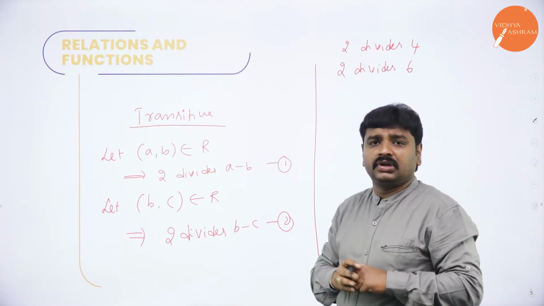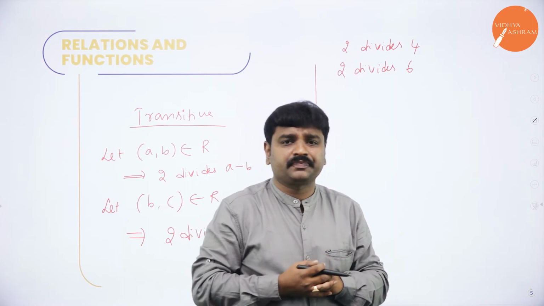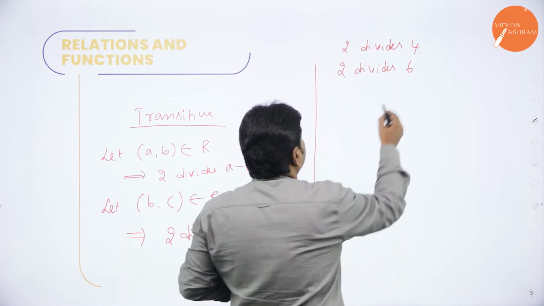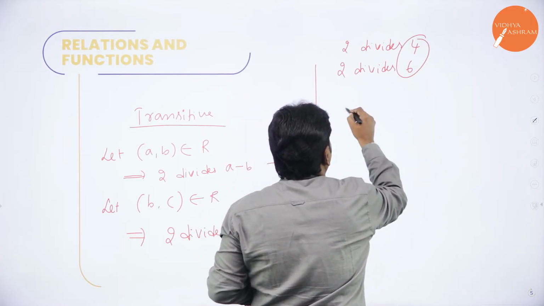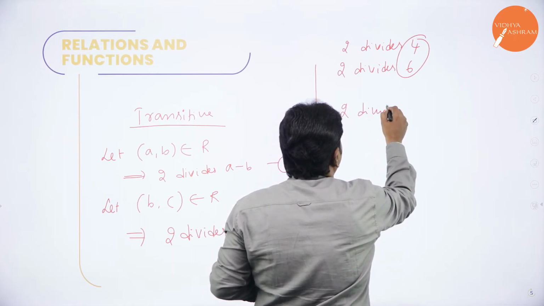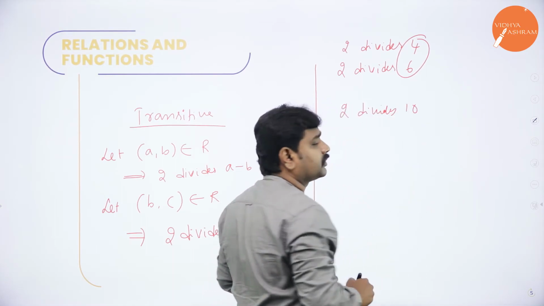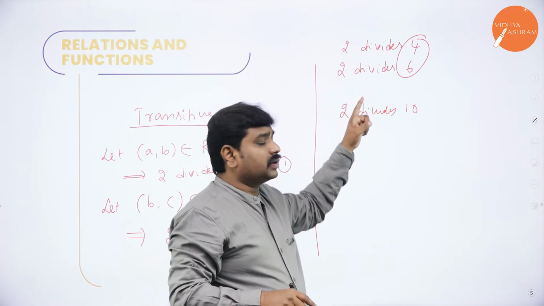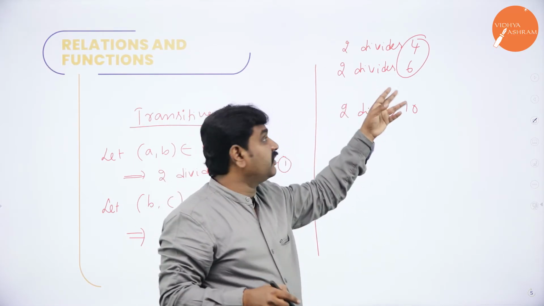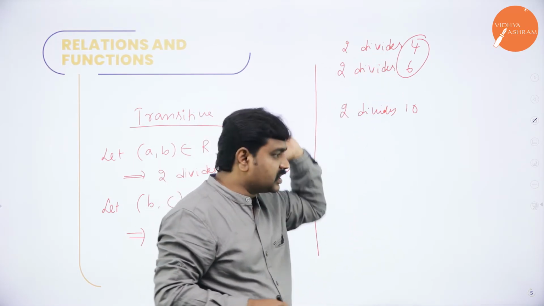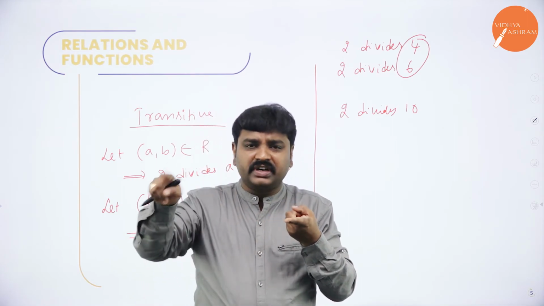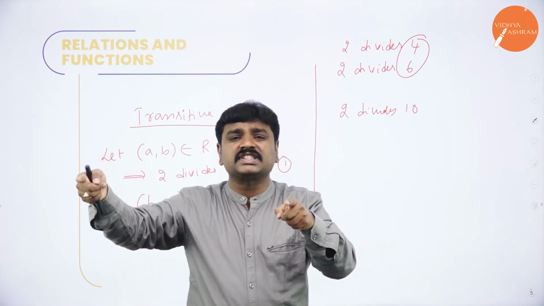Do you agree? 2 also divides 6, since 2 threes are 6. So now, the sum of these two. If I add these two, 6 plus 4 is 10. 2 divides 6 plus 4. If 2 divides a number and if 2 divides another number, then it can divide the sum of those two numbers. That is the logic. 2 divides 4, 2 divides 6, 2 can also divide 6 plus 4, which is 10.